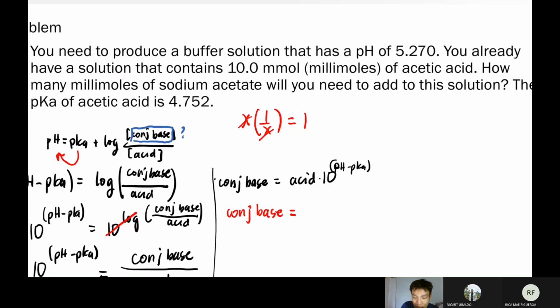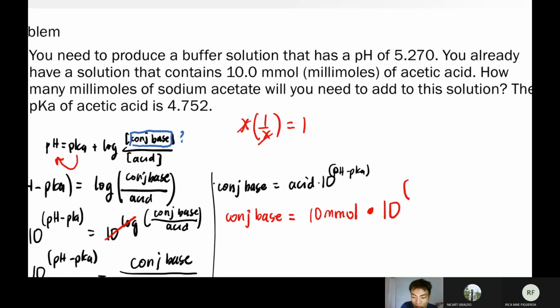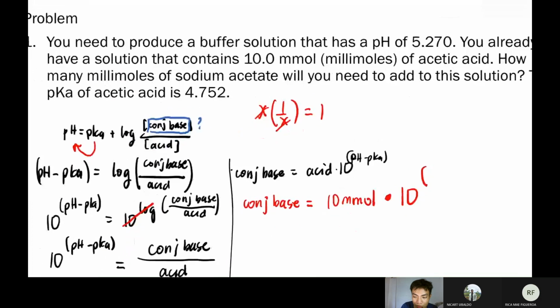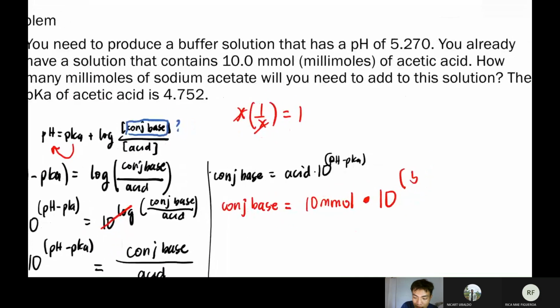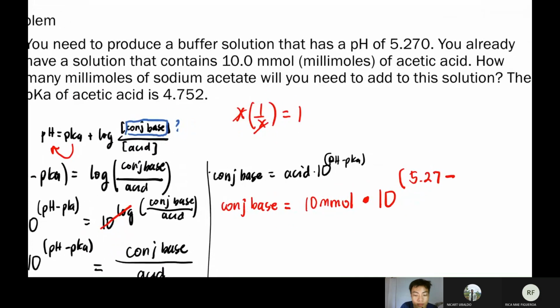So, we have 10 millimoles of acid times 10 raised to the pH that we want. Ang pH na gusto natin ay 5.27 minus the pKa of the acid, which is given, 4.752.